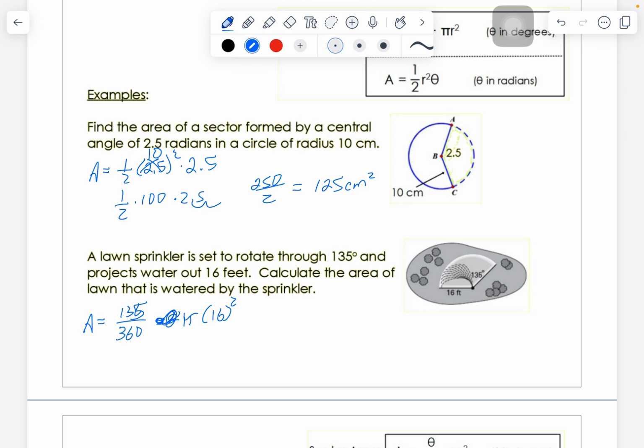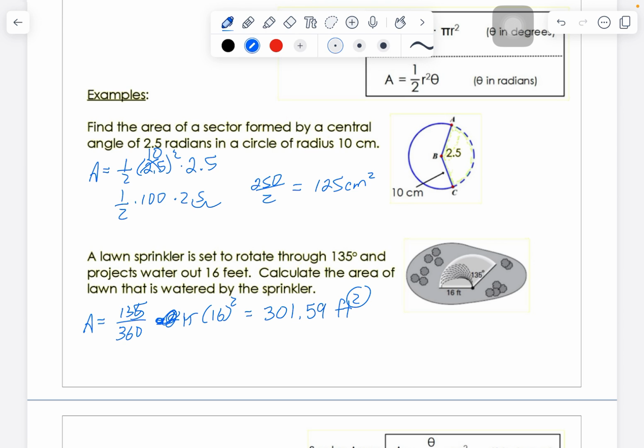So 135 divided by 360 times 16 squared times pi, and I get about 301.59 feet squared. Don't forget the squared because we are talking about area right now.